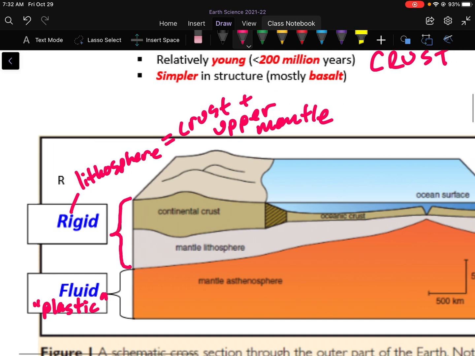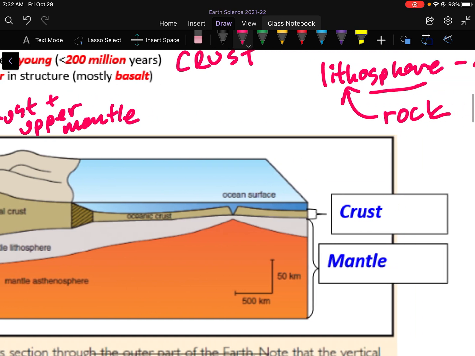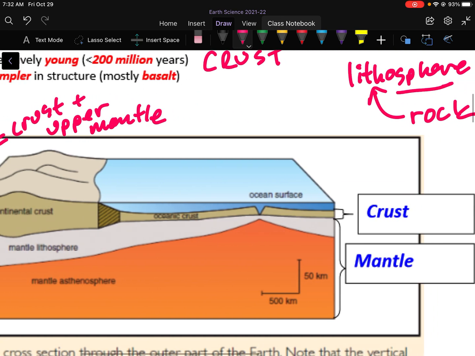So, all right. And then over here, we've got the crust divided up into oceanic and continental crust, and then the mantle. So again, if we go crust, mantle, core, it's based on chemistry. If we go inner core, outer core, asthenosphere, lithosphere, it's based on density.